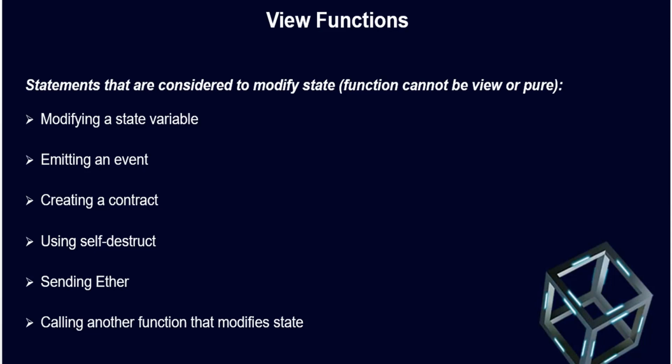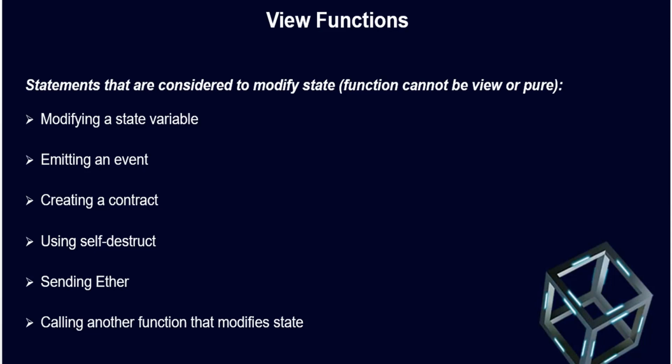Also, when you create another smart contract from your smart contract, because the bytecode will be added to the blockchain and the state of the blockchain will change. Another event that modifies state is using the self-destruct function that destroys a smart contract. Also, when you send Ether, because Ether will be sent from one account to another, so the public ledger changes. And of course, also when you call another function that modifies state.